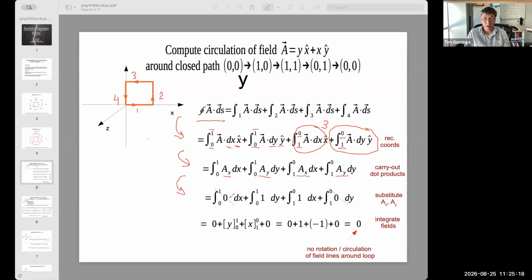So we can fill in the value of ax at y equals 0. I'll just remind you that we're at y equals 0 here. If we're at y equals 0, then the value of ax is 0.